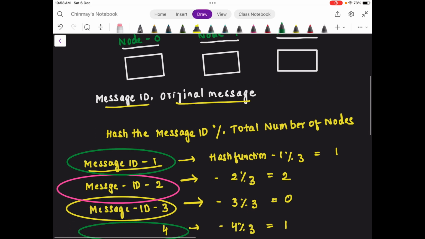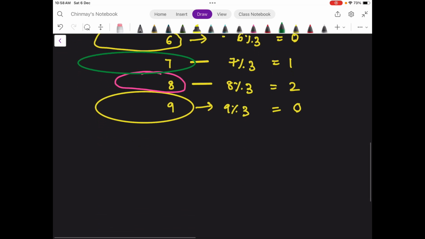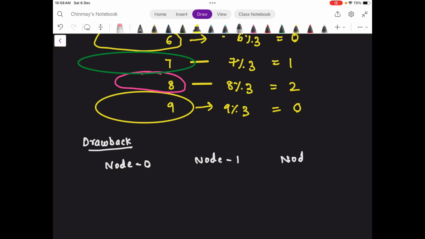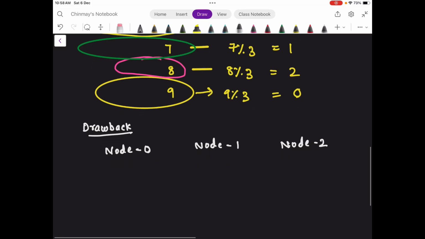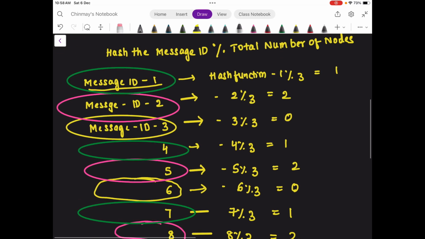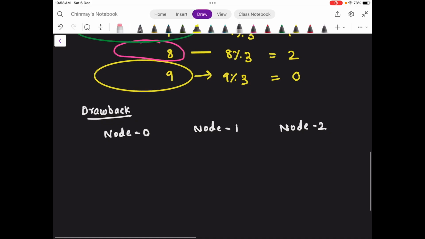But there is a big drawback in this approach. Let's see what the drawback is. We have three nodes: node 0, node 1 and node 2. For node 0, we distributed message 3, message 6 and message 9.